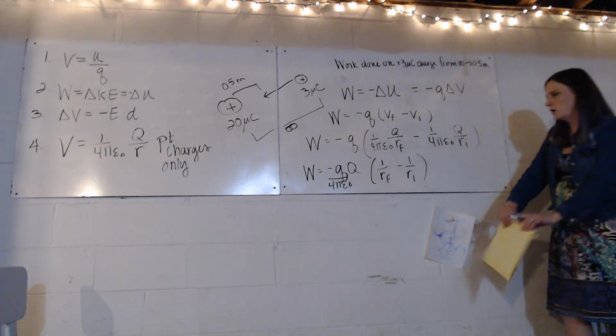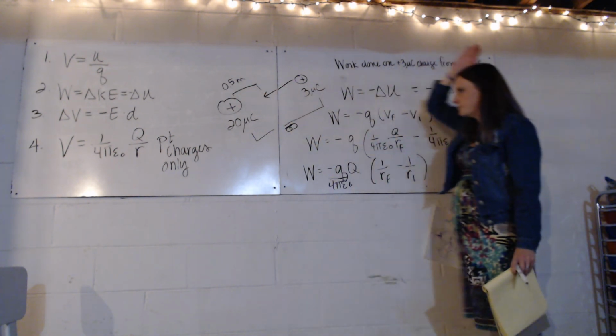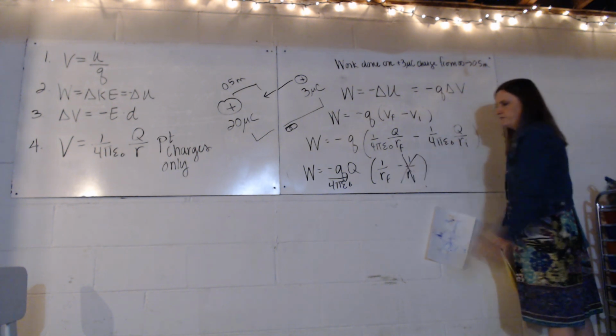What is R final and R initial? R final is a number, it's 0.5 meters. R initial, I'm initially infinity away. 1 over infinity is big fat 0.